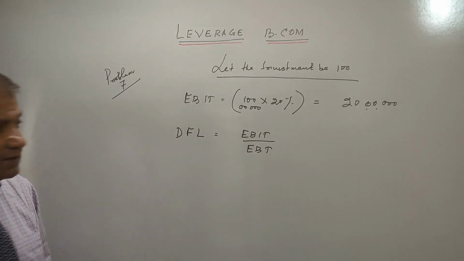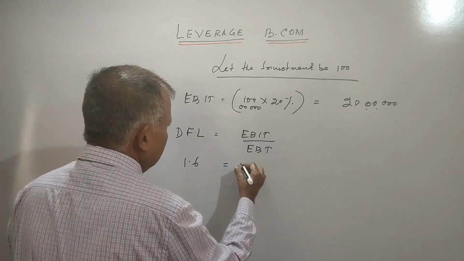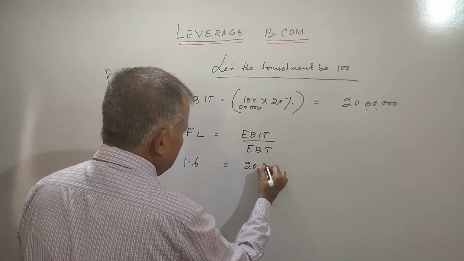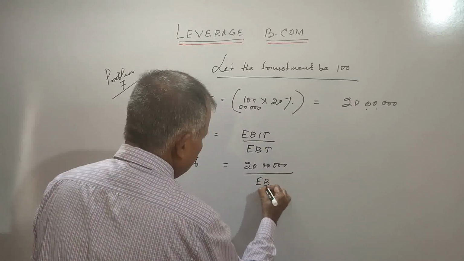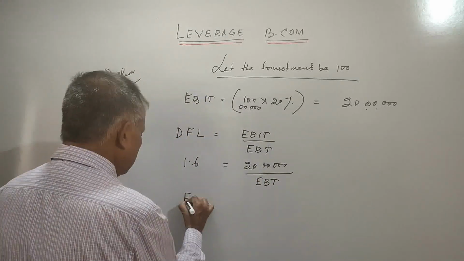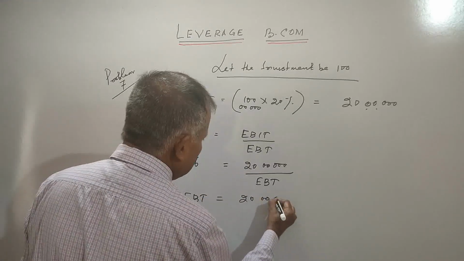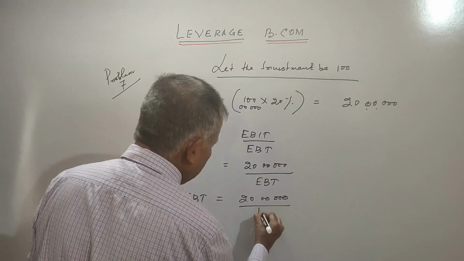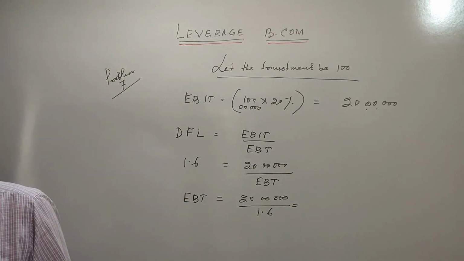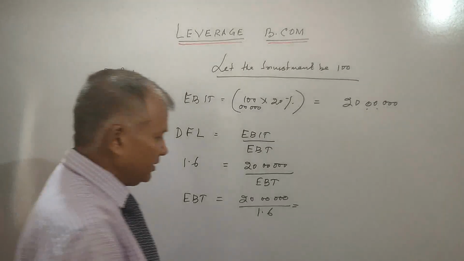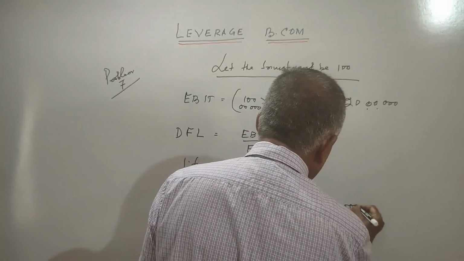Degree of financial leverage is given as 1.6, EBIT is 20 lakhs, and EBT we have to find out. So EBT is equal to 20 lakhs divided by 1.6. It comes to 12,50,000.